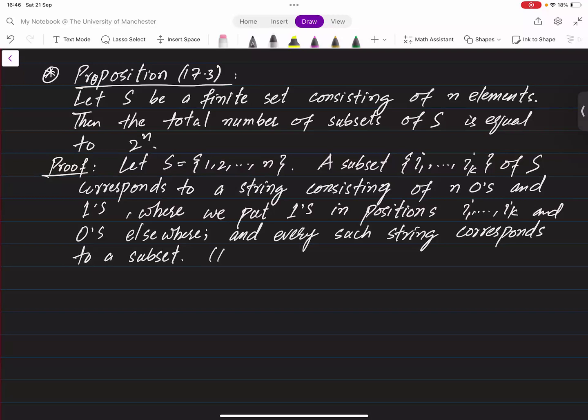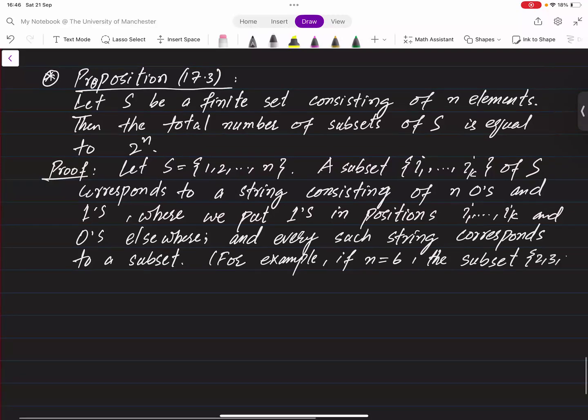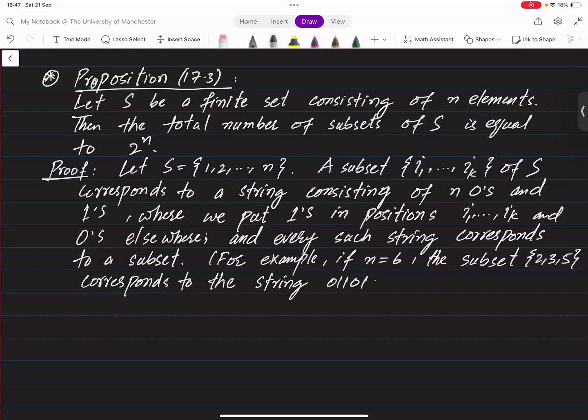Okay, so for example, if n is 6, the subset 2, 3, 5 corresponds to the string 0, 1, 1, 0, 1, 0.